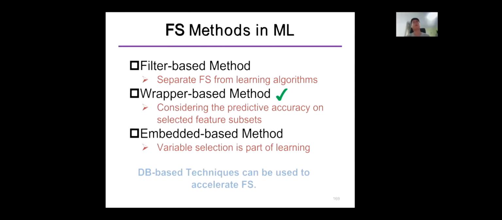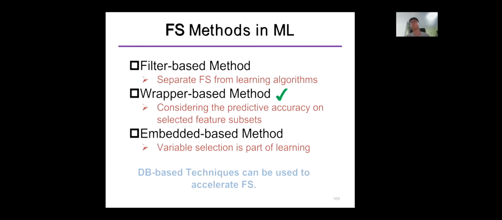Totally we divided it into three parts. The first is the filter-based method. It separates the feature selection from the learning algorithms, so we do not need to train anymore in the feature selection process. The second one is the wrapper-based method.